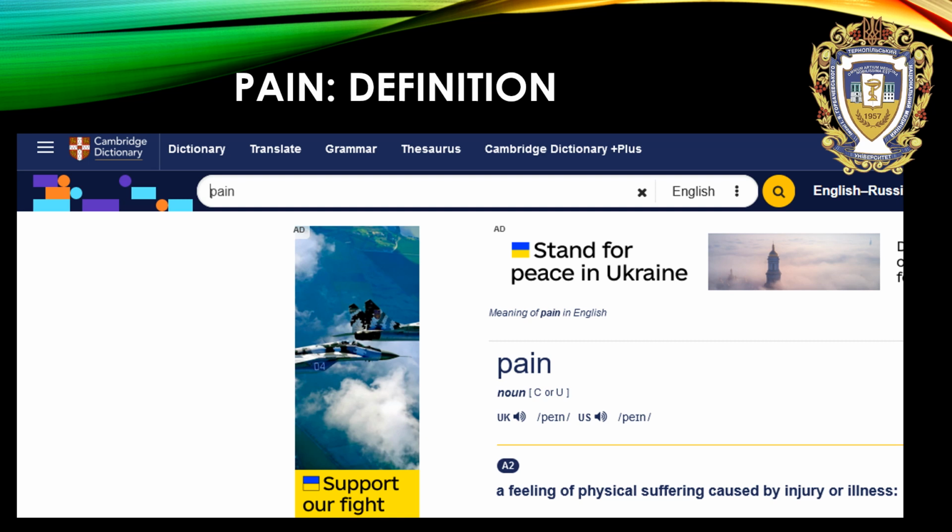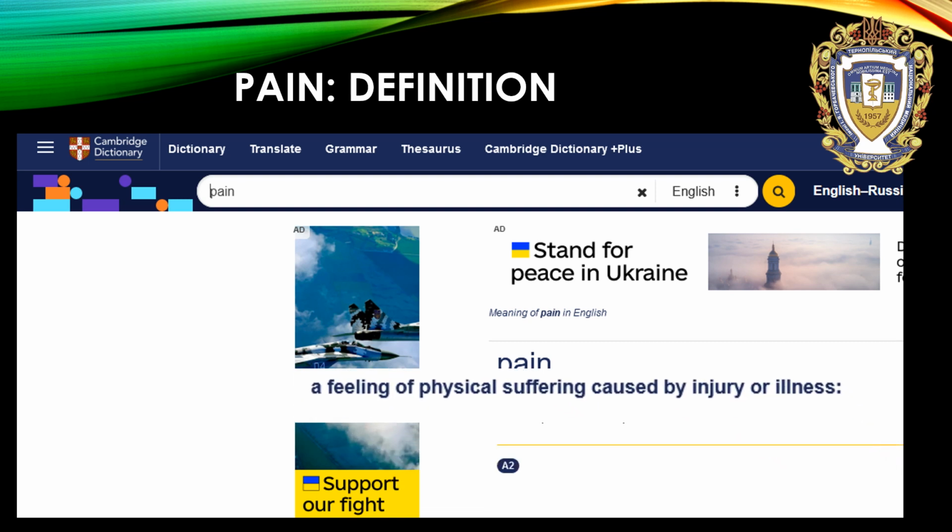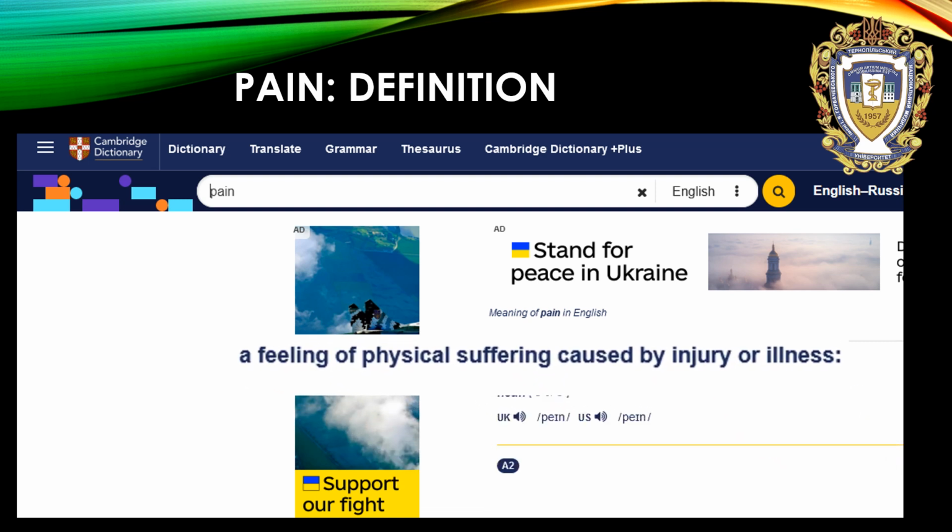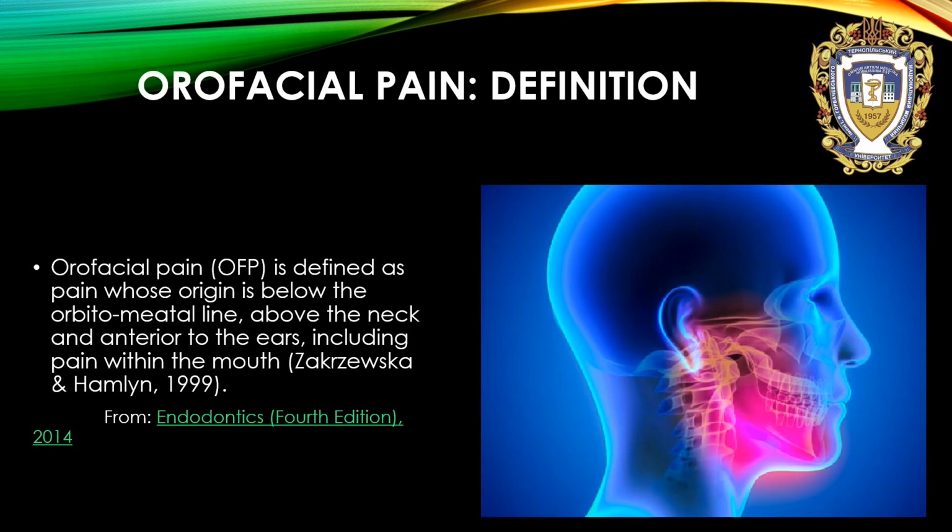At first, let's give a definition. What does pain mean? According to the Cambridge Dictionary, pain is a feeling of physical suffering caused by injury or illness. And other sources give us another definition.